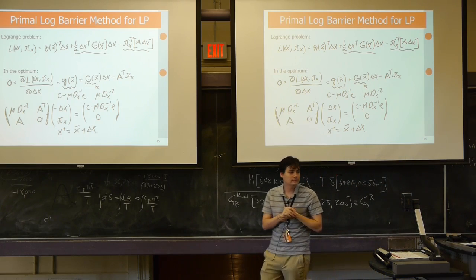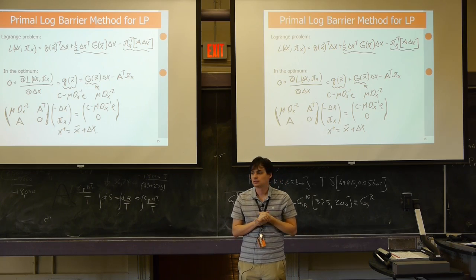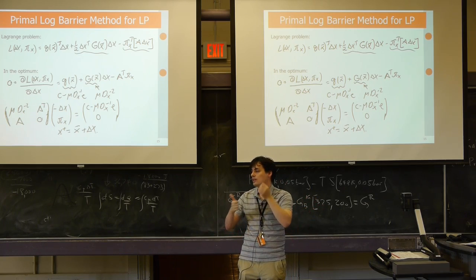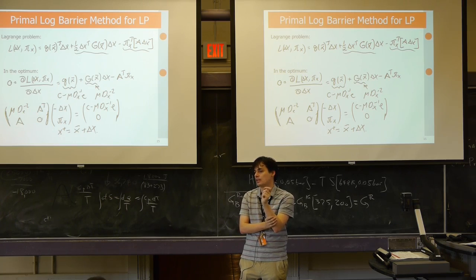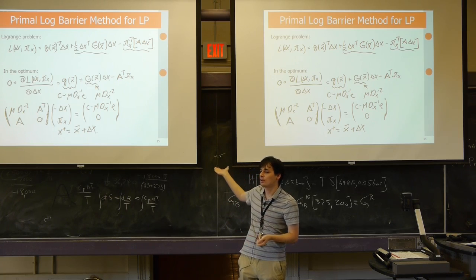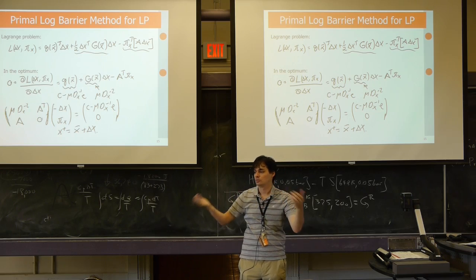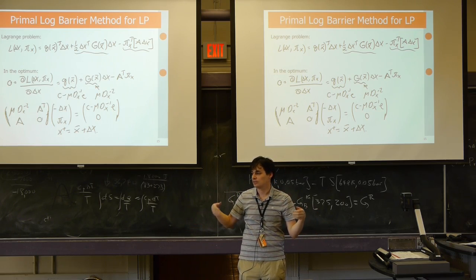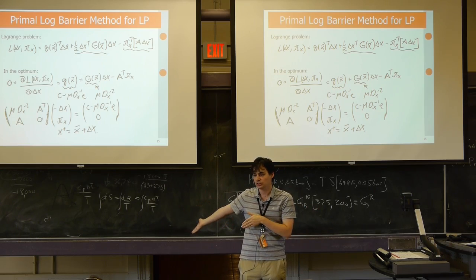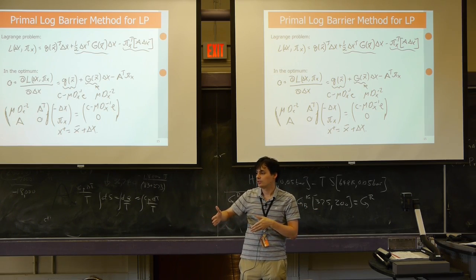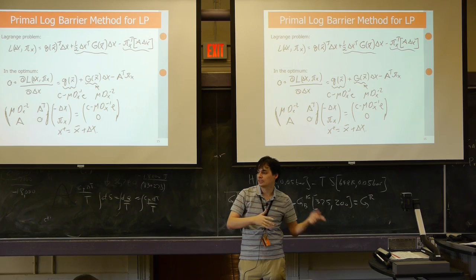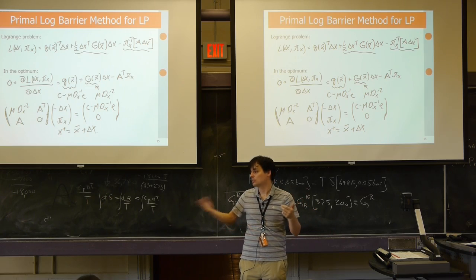Any question with this? Just to summarize, we had a linear cost function. The constraints were that A times x equals b, and x is non-negative. For x non-negative, we used the log barrier function. We had a new nonlinear function, we approximated it with a second order Taylor approximation, and we solved that using the other constraint that A times x is b.